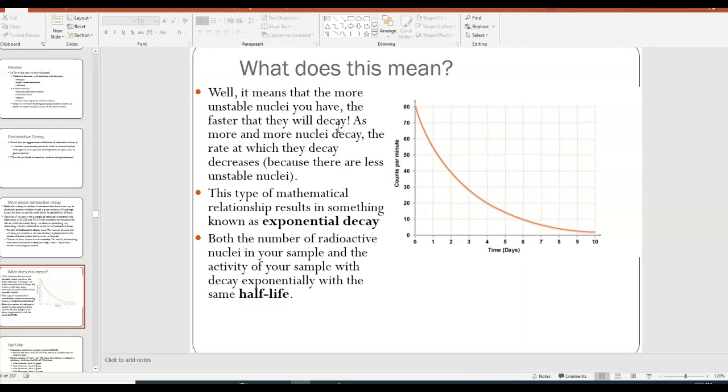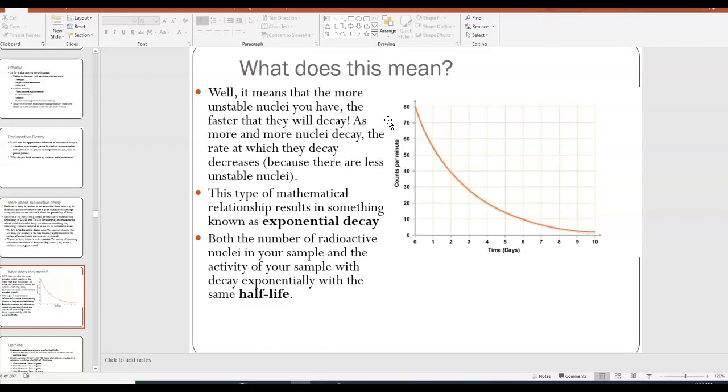The more unstable nuclei you have, the faster they decay. If you take a look at this graph here on the right, you can see the rate of decay is represented by the slope of this graph. As the graph goes on, we can see that the slope starts off very, very steep and negative, and the slope slowly decreases over time until it's almost completely horizontal at the end. That's characteristic of exponential decay.